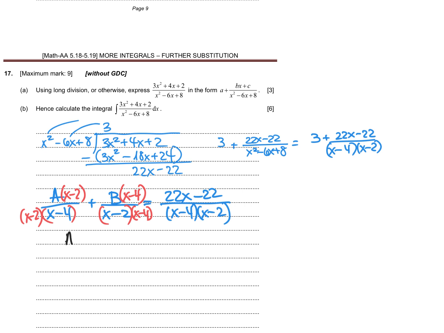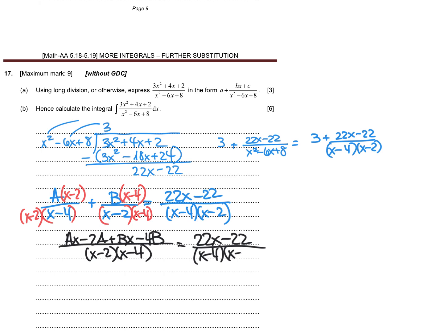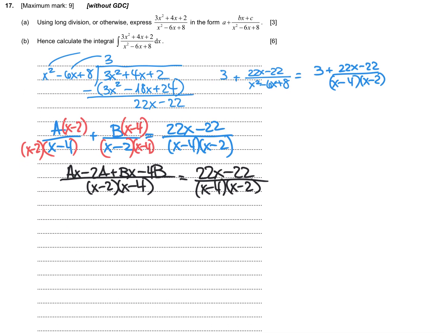And we're going to have Ax minus 2A plus Bx minus 4B over our denominator. And our x terms, which is A plus B, is going to equal 22. And we're going to have negative 2A minus 4B is negative 22.